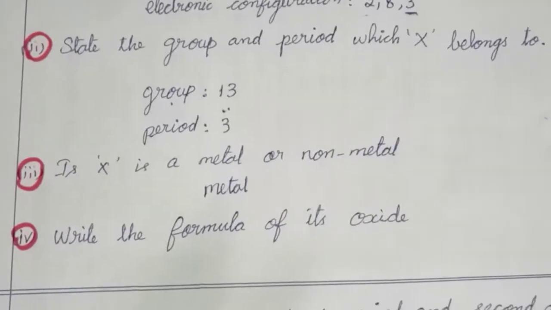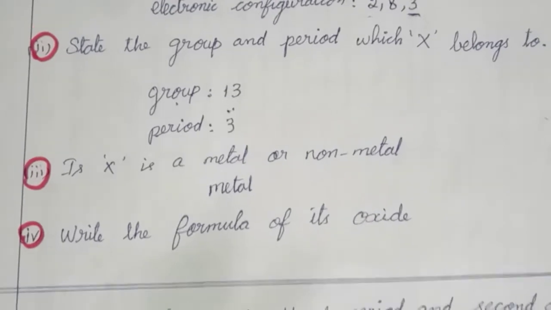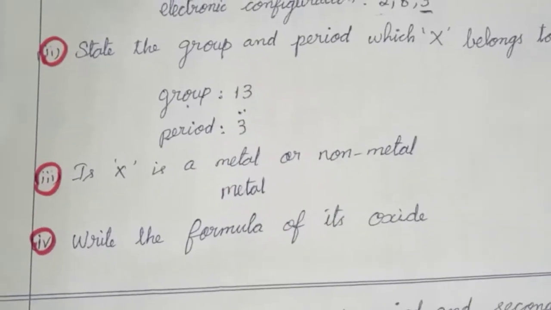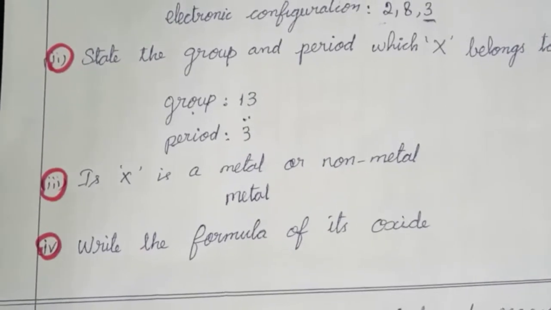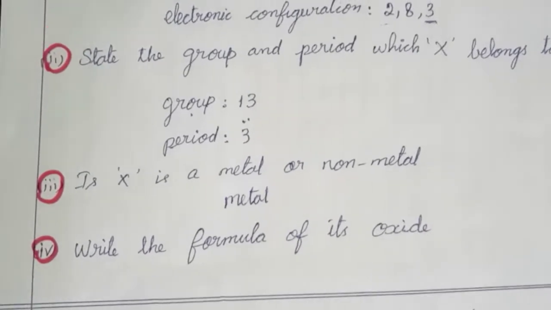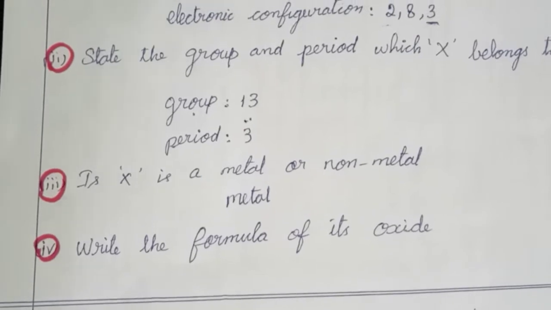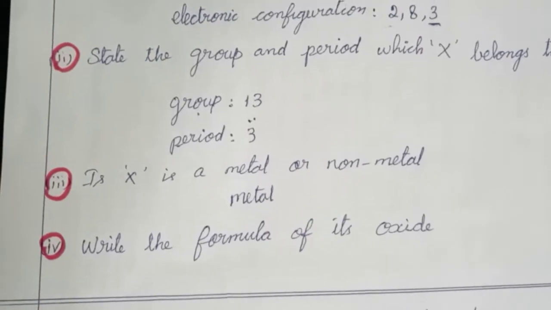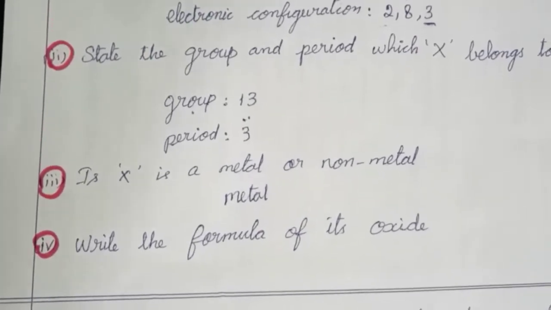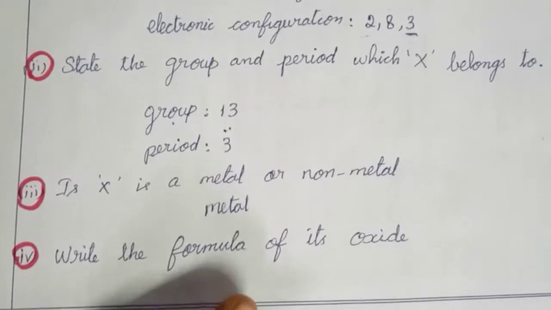Next, write the formula of its oxide. So students, when it forms an oxide, it reacts with oxygen. First we need the valency of oxygen. If we know the valency of oxygen, we can identify the formula.